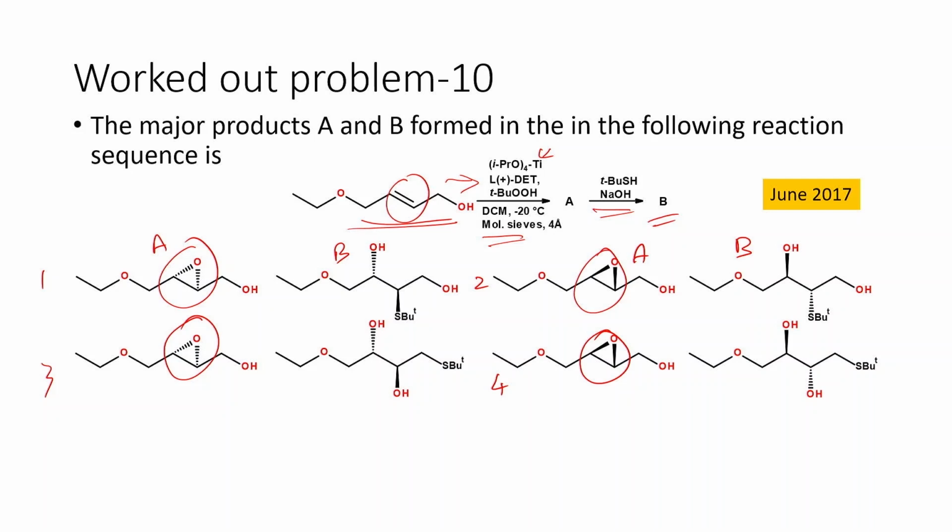And when we go to the final product B, whether the thioether is at the internal or at the terminal position is the only thing that is happening. So if you look, the stereochemistry is also different, whether it is pointing towards the observer or away from the observer. So these are all the different things. So here it is very difficult to predict what is going to be the product without actually working out the mechanism. So let us get into solving this problem.